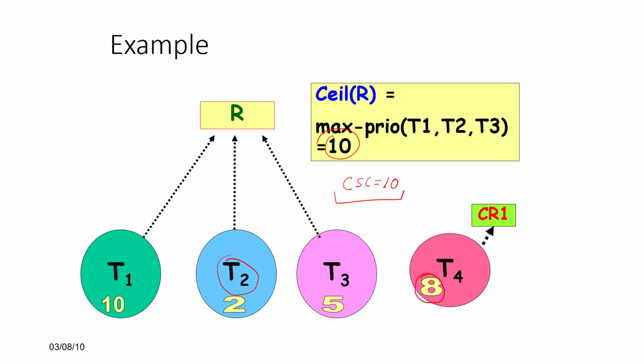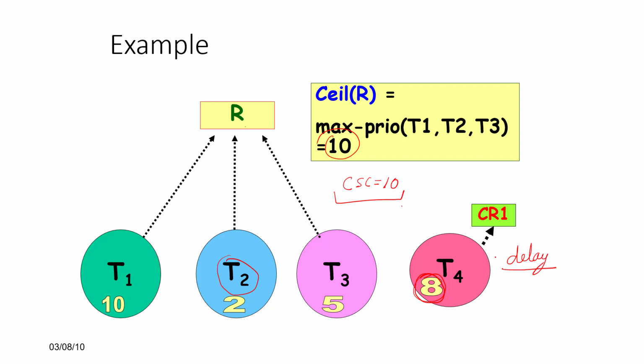If CSC is equal to 10 and T4 wants to access some other resource, which is not R, in this case we call it CR1, it will not be able to access it because it was not the task which set the current system ceiling, and its priority is not greater than the current system ceiling. So this is a new kind of inversion which we have not seen before, which is exactly leading to the delay or the deferral.